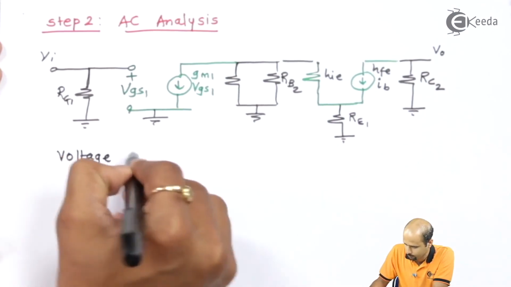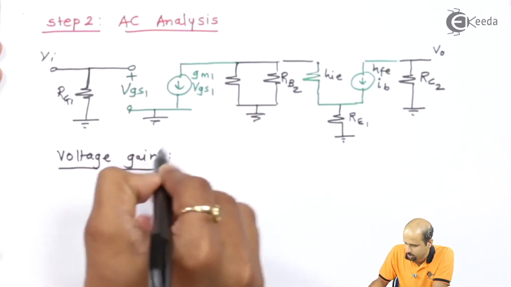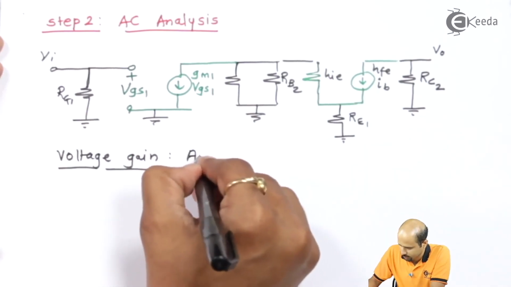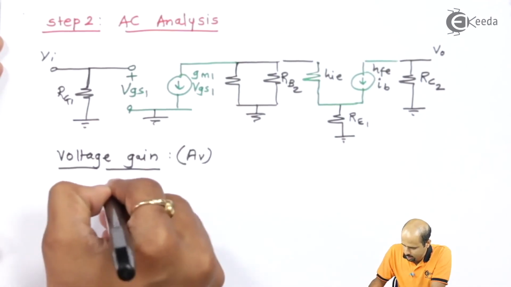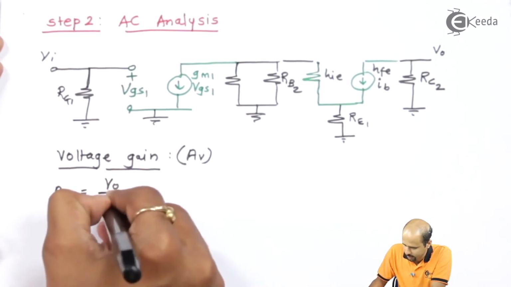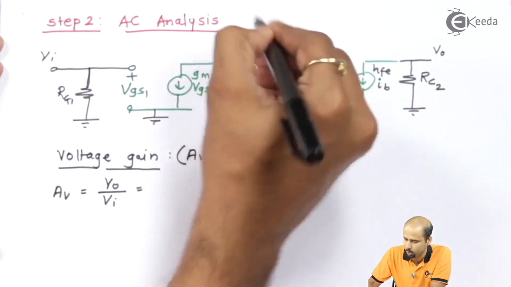So voltage gain, let's say, AV. I can say that AV is equal to VO divided by VI, and here I can say that it's a VO1.